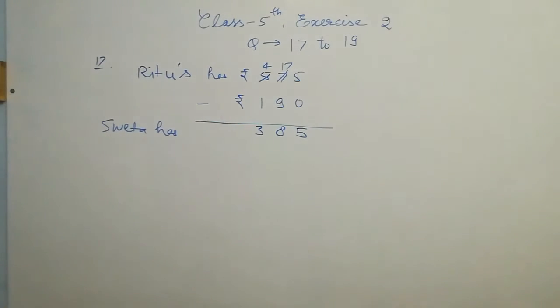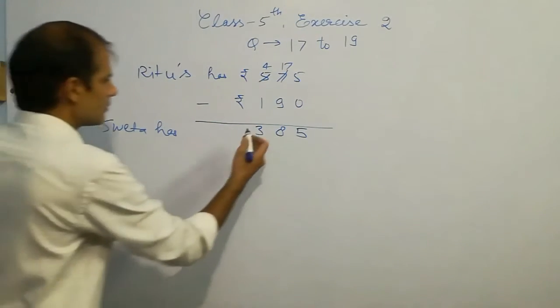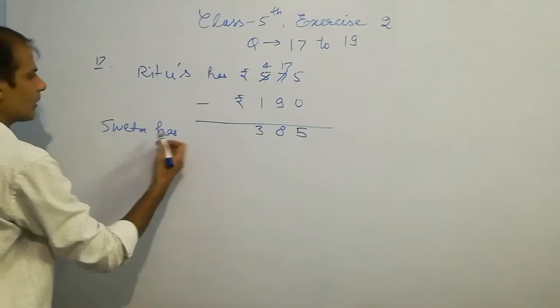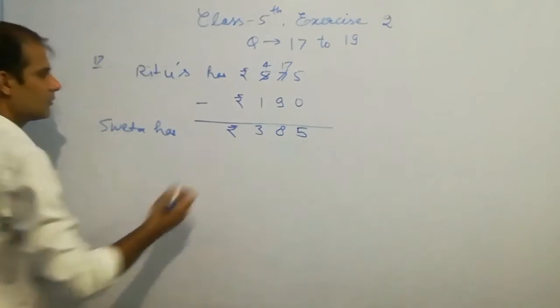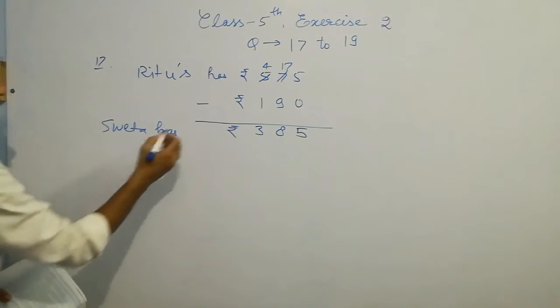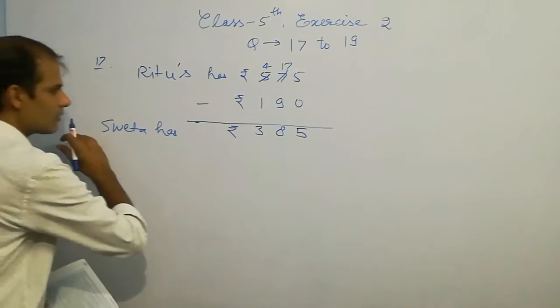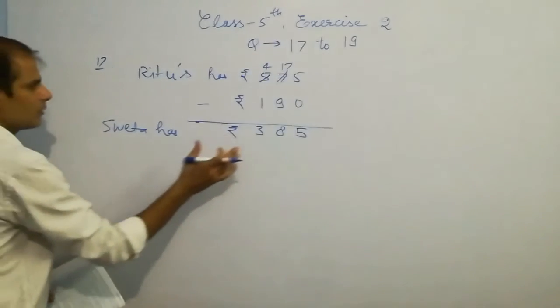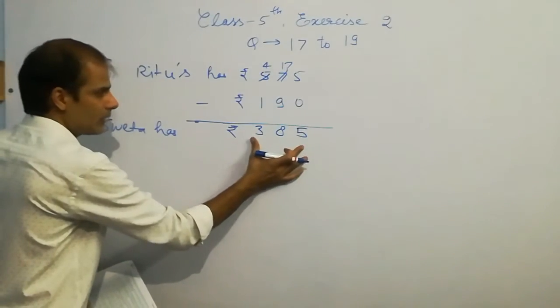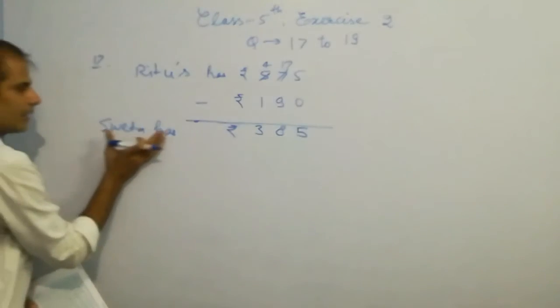So it is 385. It means Shweta has rupees 385. So you can write in a single line, means rupees 385 should be written in the front of Shweta has.